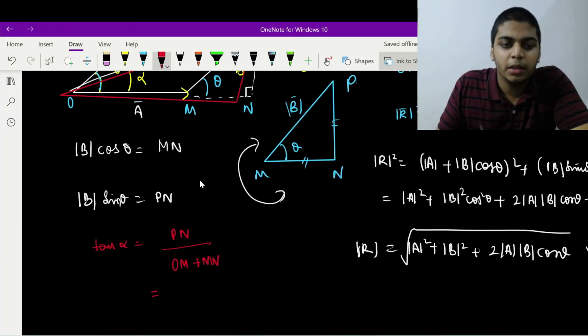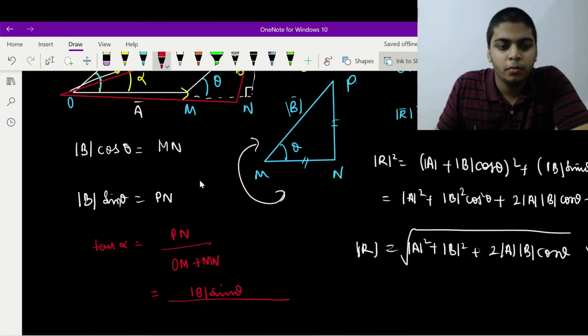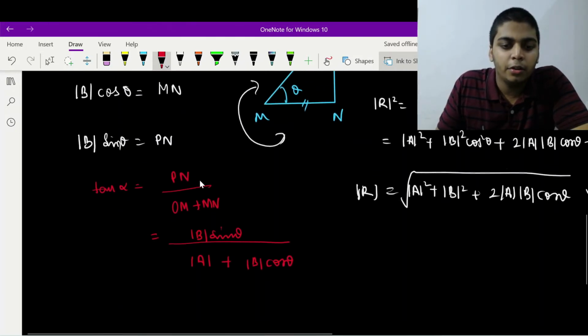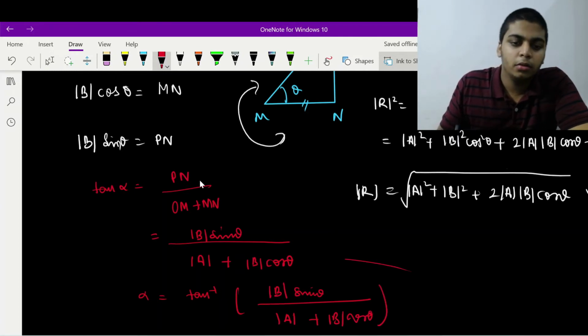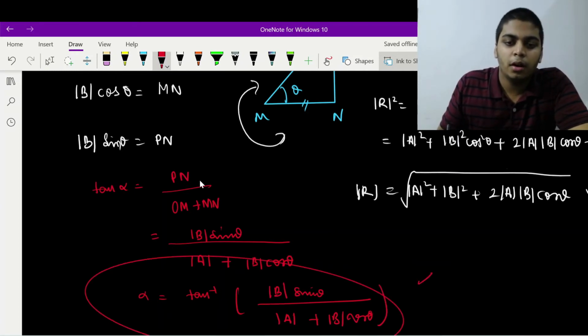And your PN is nothing but mod B sin theta by OM. OM is nothing but mod A, plus your MN is nothing but mod B cos theta. So your value of alpha is simply tan inverse of mod B sin theta by mod A plus mod B cos theta. Okay, so this is the value of alpha.